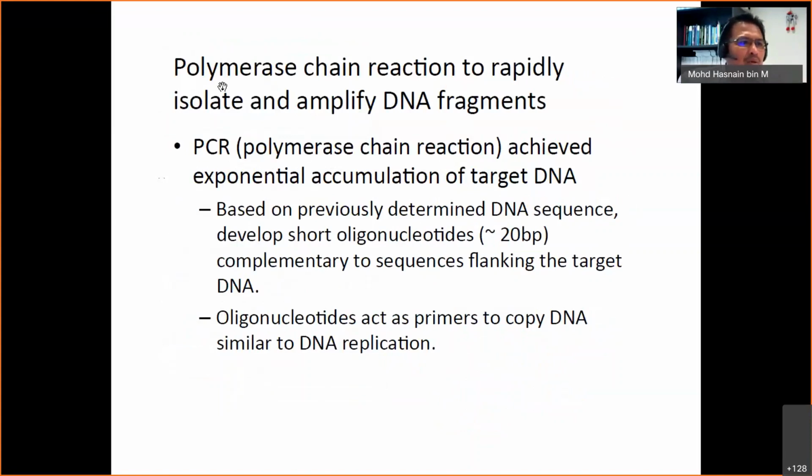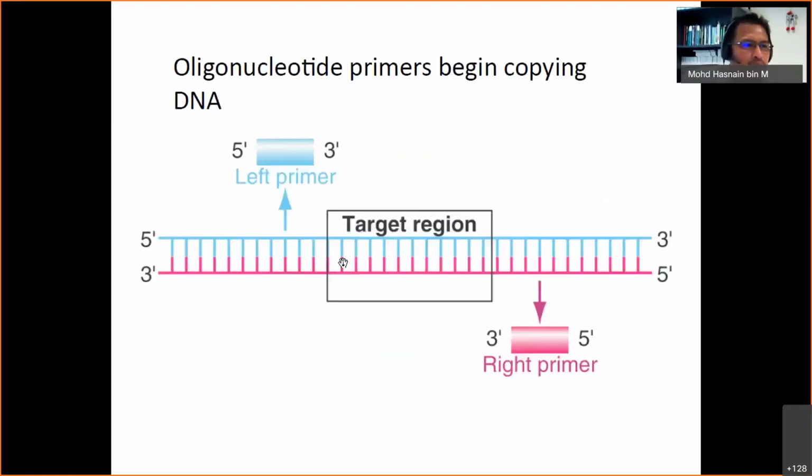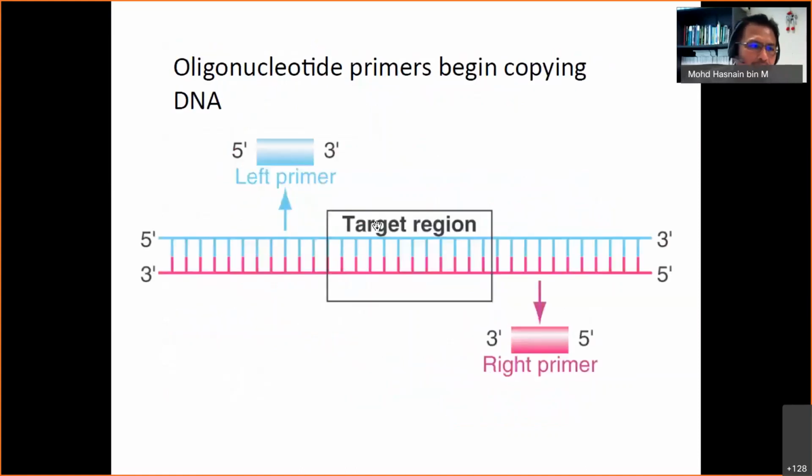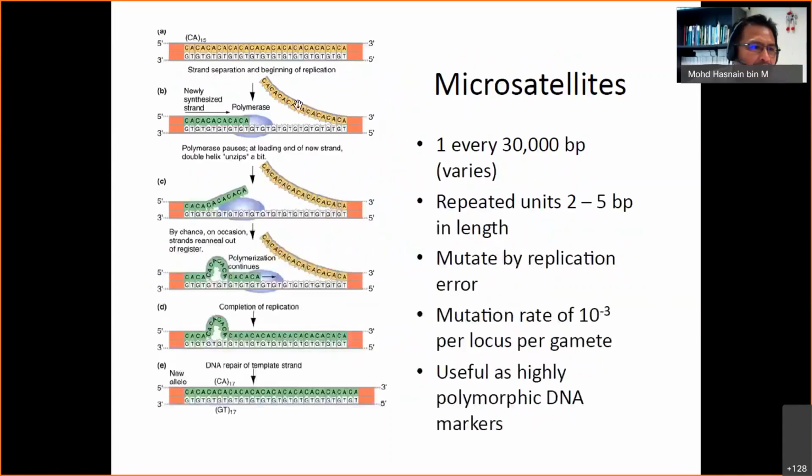Okay. So PCR to rapidly isolate and amplify DNA target. Okay, I am going to skip the PCR. Okay, not skip, just go very fast. For example, if in the microsatellite, I want to do a PCR to determine between MD2 and Josephine pineapple, the region to be amplified is the repetitive sequence of the CA.